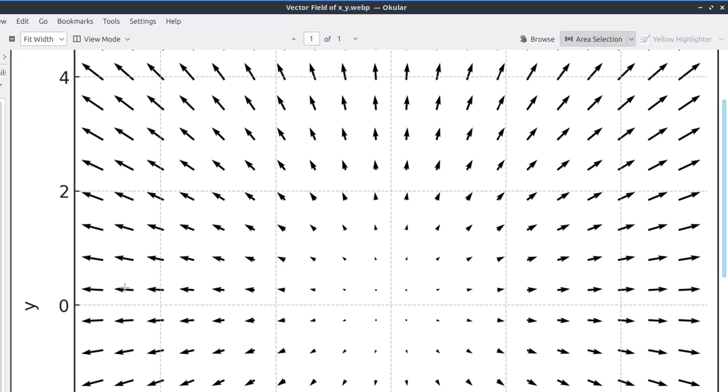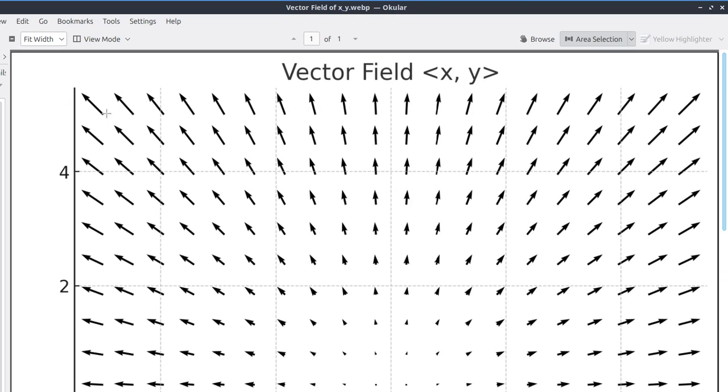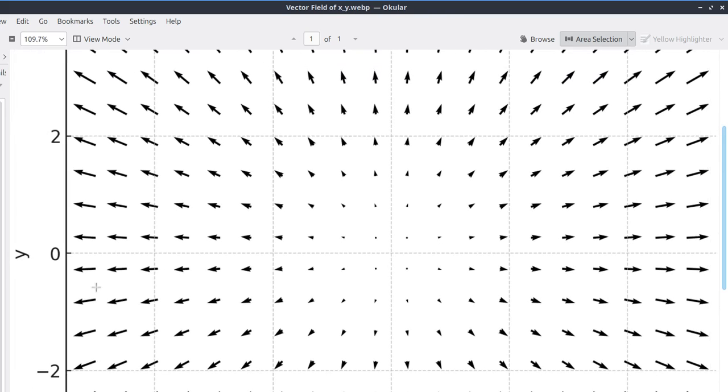As you move to the left of the origin, they get longer to the left because x gets more and more negative, but y remains. In order to get the vectors steeper and steeper, you'd have to increase the rise, increase y. So as you move upwards, these vectors get steeper and steeper. Alright?